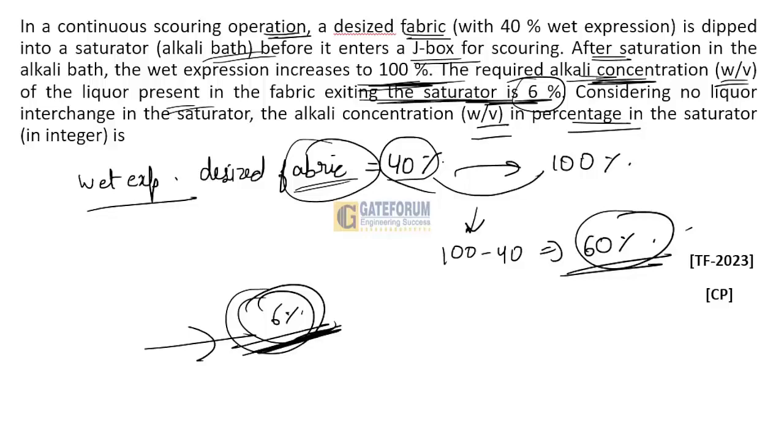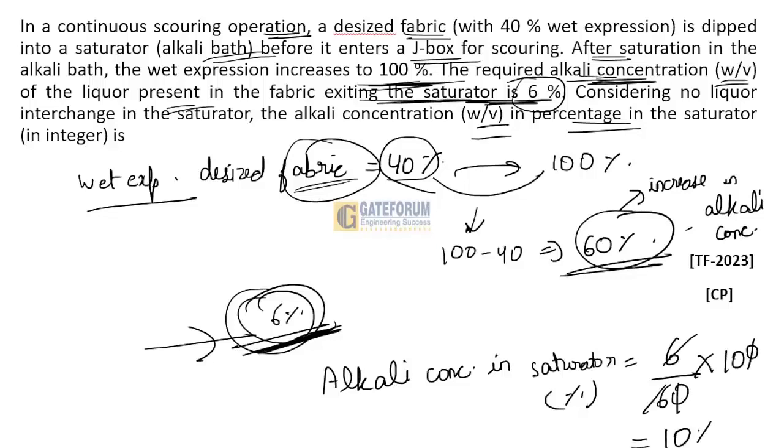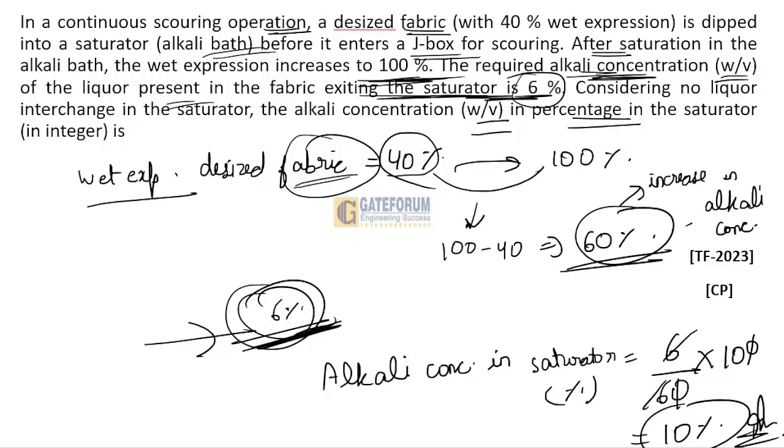So alkali concentration in the saturator in percentage would be 6%, the original alkali concentration given, upon the increase in alkali concentration: 6 upon 60, into 100. This will come out to be 10%. So the correct answer in integer is 10.